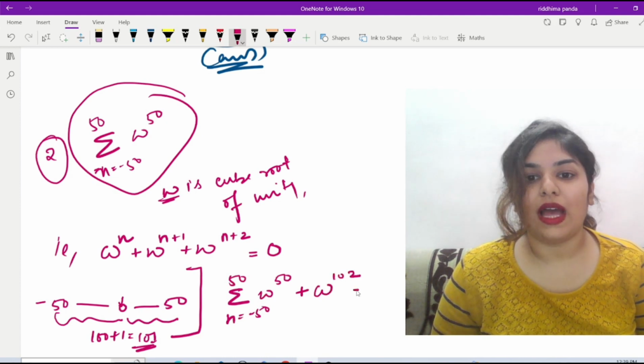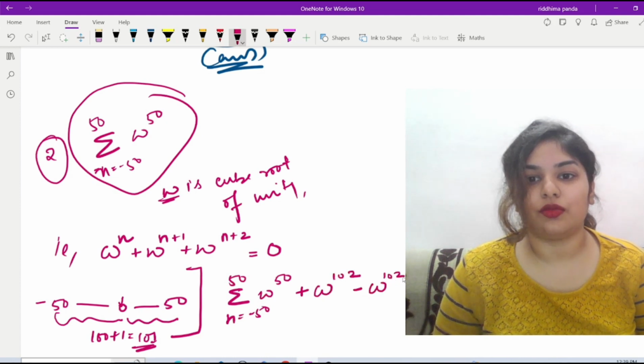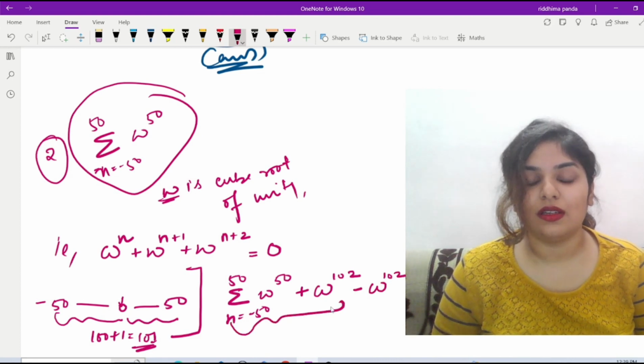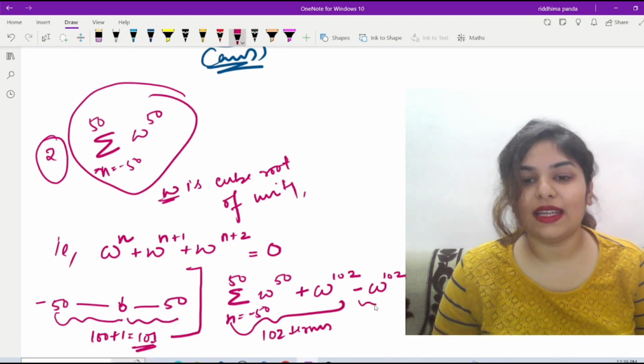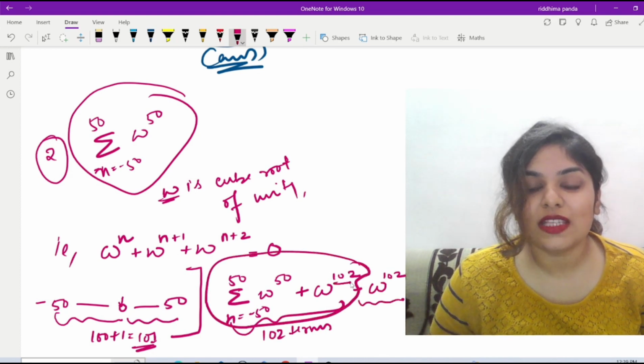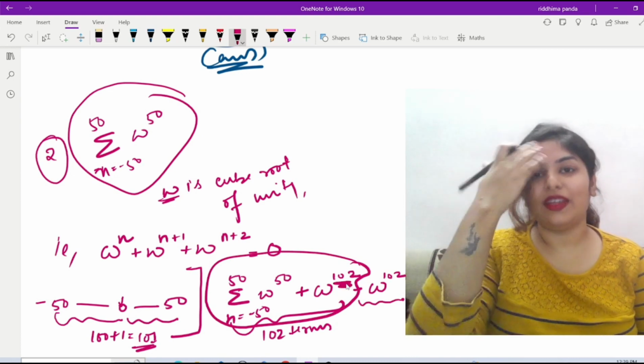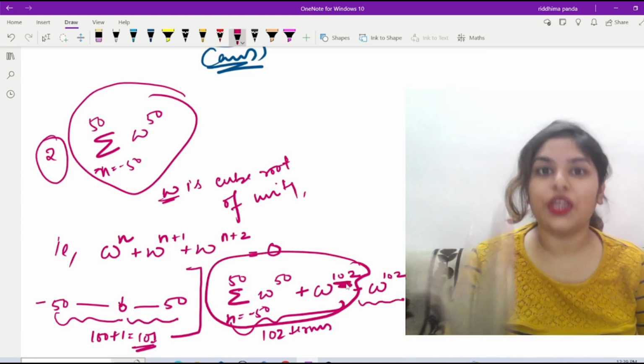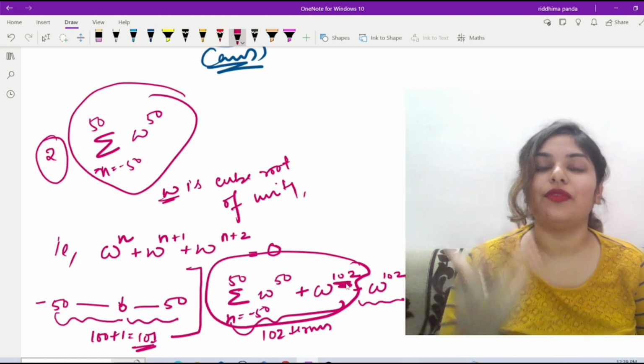101 and subtract 101. So what is the meaning? Now here, till here I have 102 terms and I'm left with this one term. Now I know that 102 is basically a multiple of 3, so we can write the power in the form of a cube.